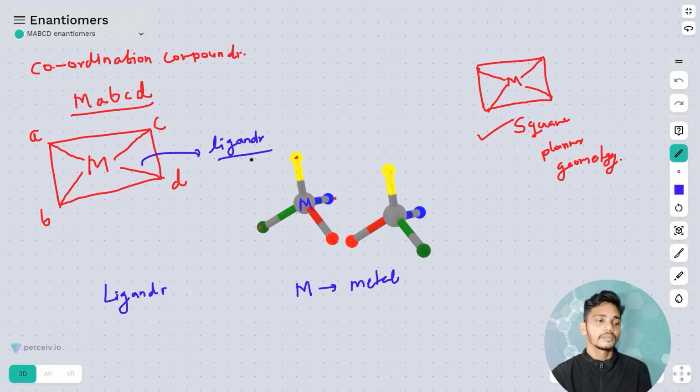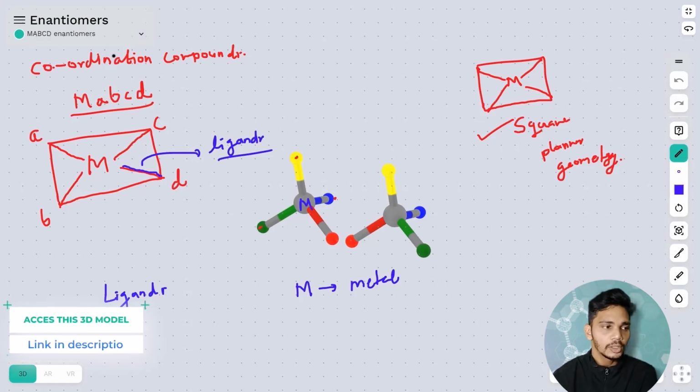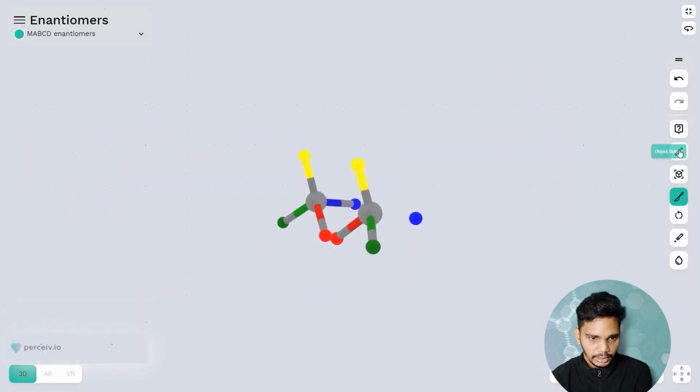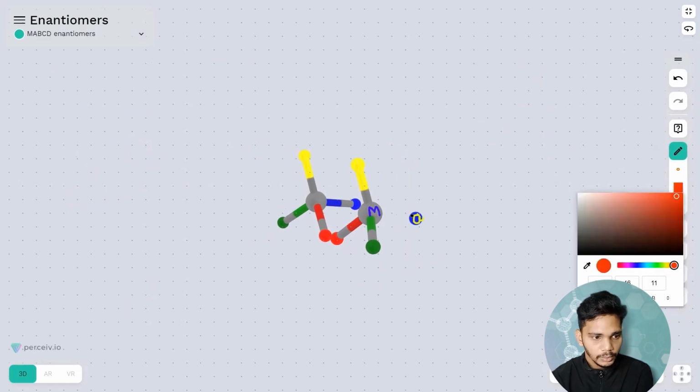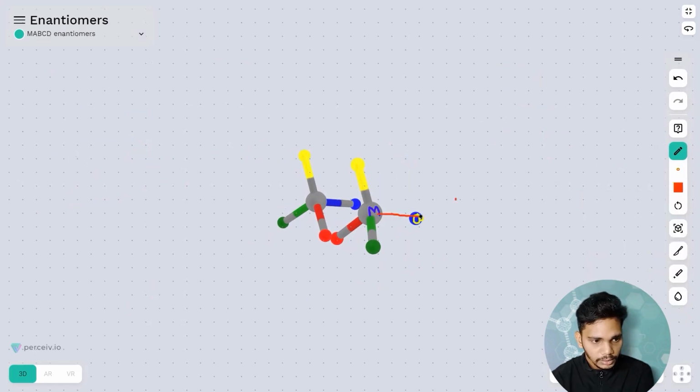So the metal is forming bonds with A, B, C, D, and in a coordination compound, these are called ligands. If there is a bond between the metal and, suppose, A, then I have to draw the bond, and this is called the ligand. Are you understanding this concept? Yes, that is a very, very important concept here.